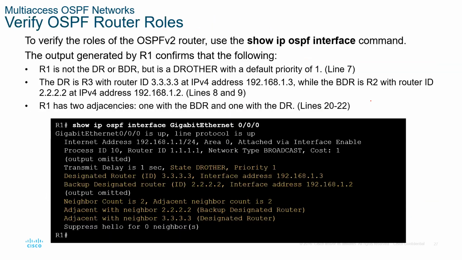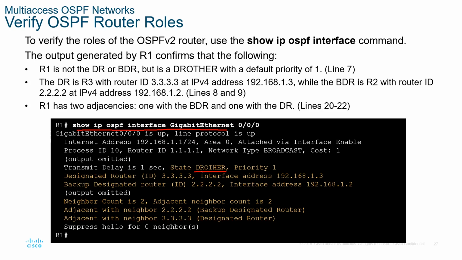To verify the roles of the OSPFv2 routers, you can use the show ip ospf interface GigabitEthernet command. If you run this command on the interface, it will tell you whether it is a DROther, a DR, or a BDR.